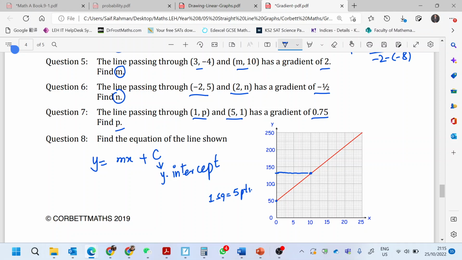If 1 square is 5 points, then 6 squares means 30 points.